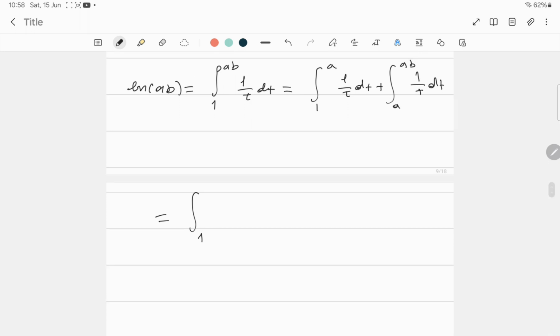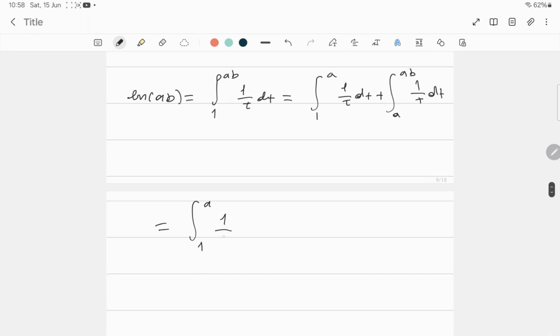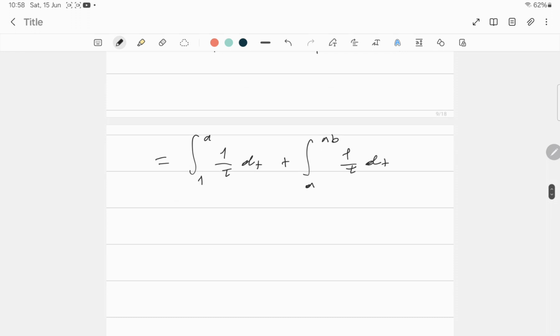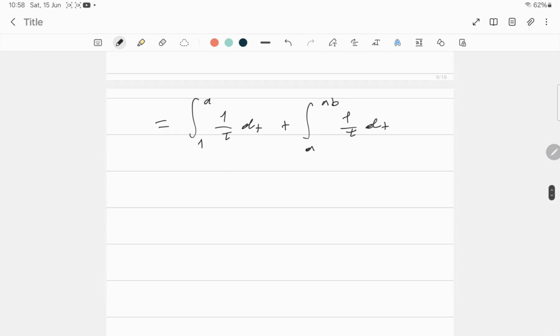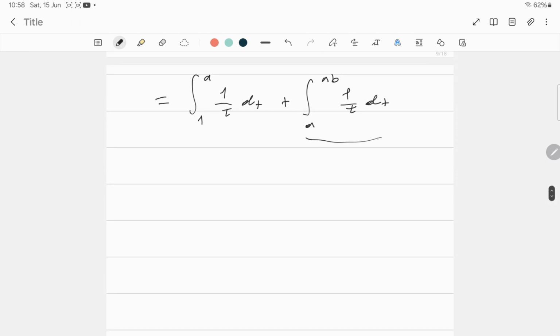The integral from 1 to a of 1 over t dt plus the integral from a to a times b of 1 over t dt. Now let's calculate this integral here. The integral from a to a times b of 1 over t dt.